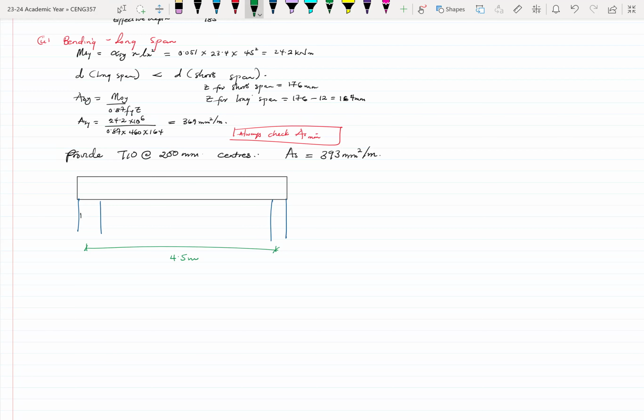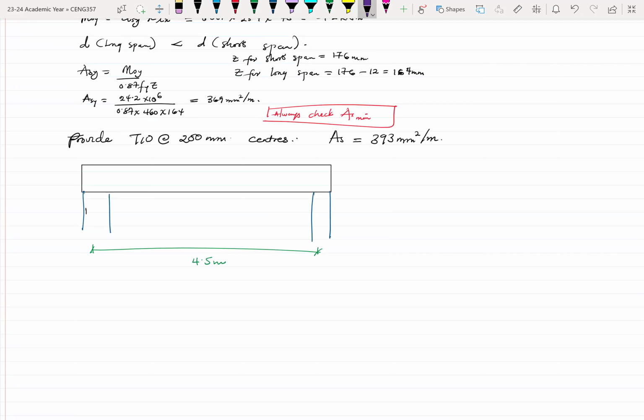Let me exaggerate the thickness of my rebar. So I have my rebar here, and I have some other rebars in this space. One, maybe a few, just to illustrate what is happening.